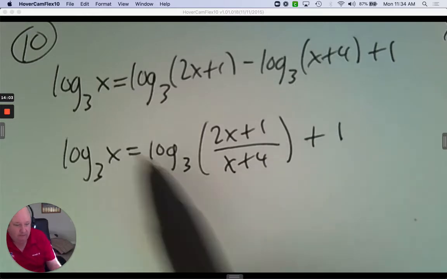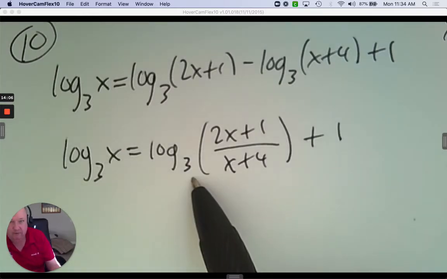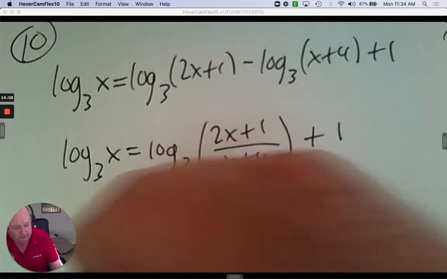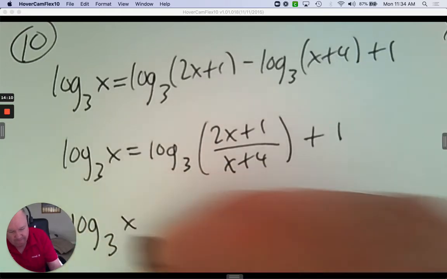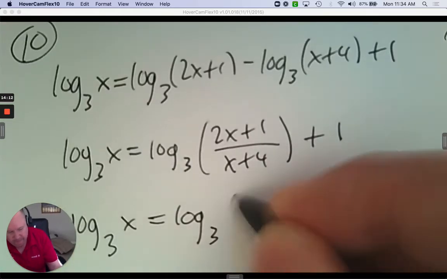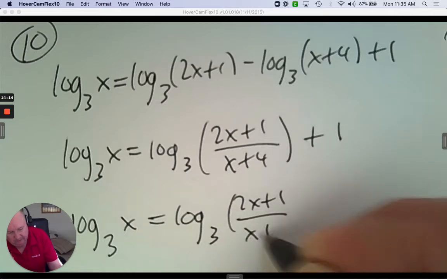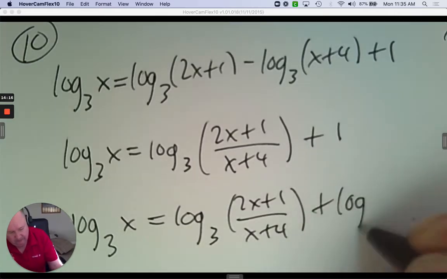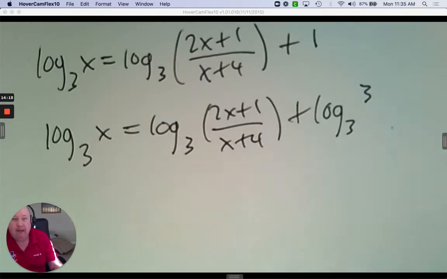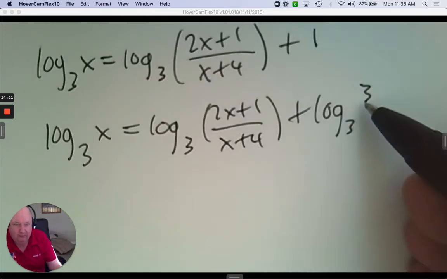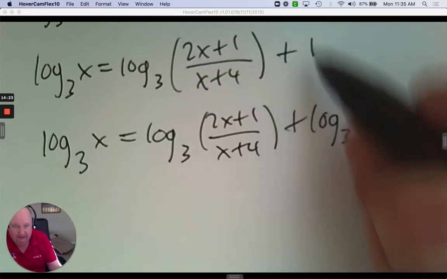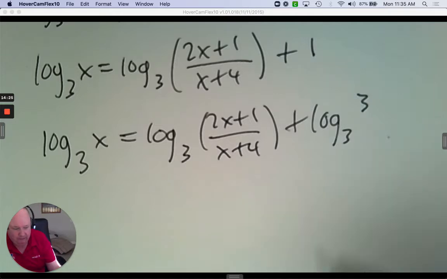Now, because they both have the same base, there's different ways you can approach this. So I'm going to approach it this way. I'm going to write 1 with the same base. So if it has the base 3 and 3 inside, log base 3 of 3 is 1, and now all the bases are the same.